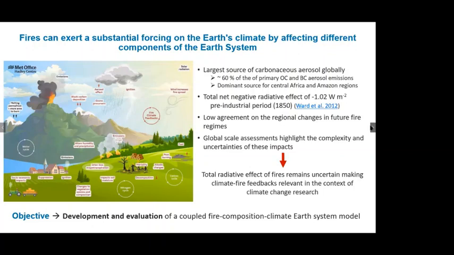And to quantify how large this forcing can be, Ward et al. have done a study, and they have shown that for the pre-industrial period, this can be as large as -1 watt per meter square. And there's quite a lot of disagreement on these feedbacks. There's not enough studies with the necessary complexity to study this, especially if we go into the regional scales and impacts of fires.